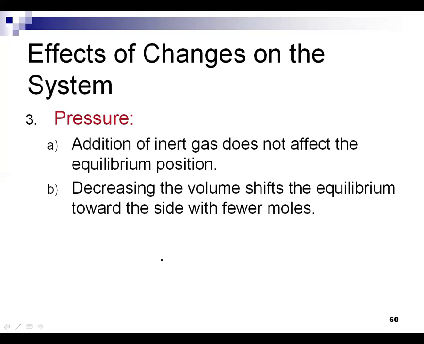The next thing we're going to talk about in terms of effect on systems is pressure. And really, pressure and volume are basically always tied together. That's usually a good way to think about it.